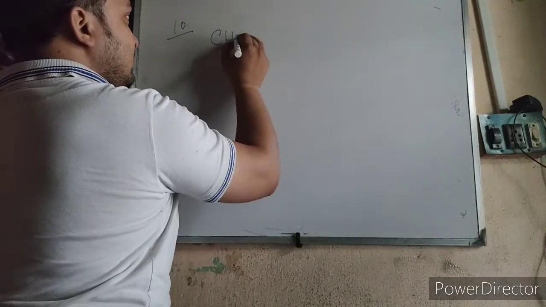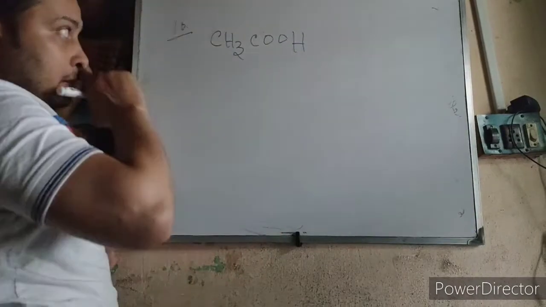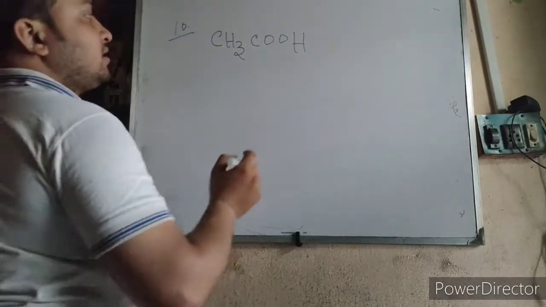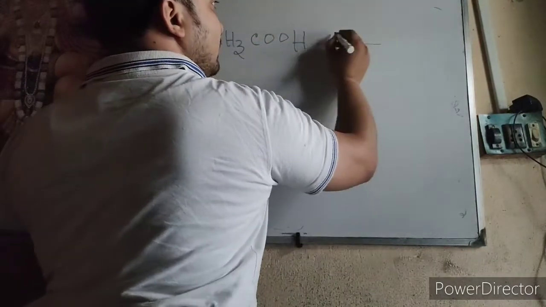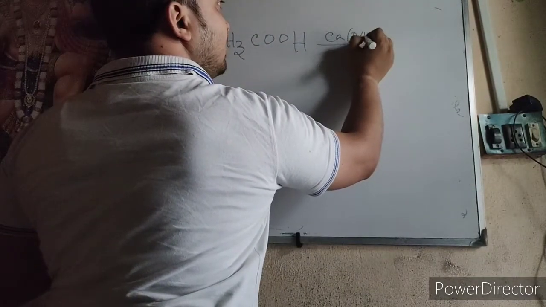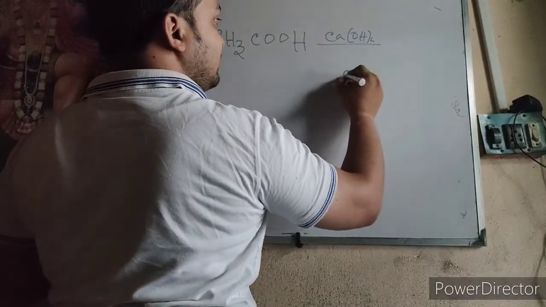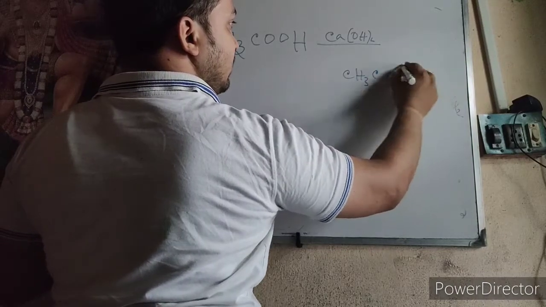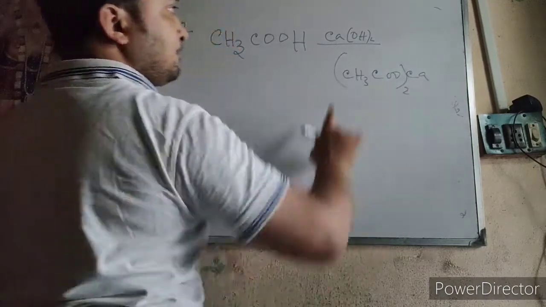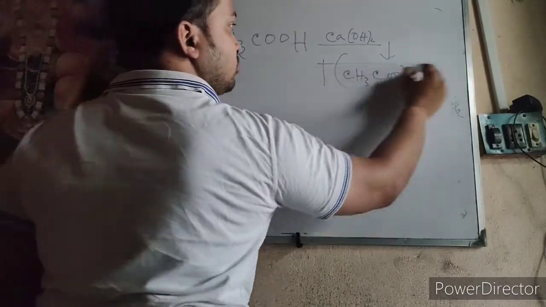If you have CH3COOH and then you use Ca(OH)2, what will be the product? The product is (CH3COO)2Ca. Then if you heat and distill, what will be the product?